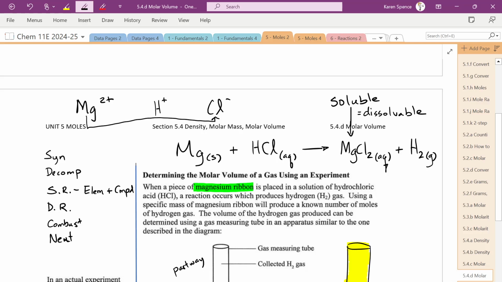What else did I want to point out? What is the charge of magnesium here when it is on its own? What is the charge of the yellow magnesium? Tell your partner.